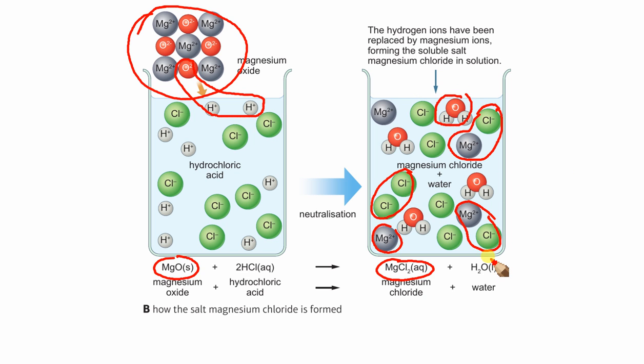And of course, this is how water is formed. So that's the significance of this chemical reaction. Yes, we're learning how to name our salt, but we're recognizing that the base is able to mop up all those hydrogen ions in the acid and to neutralize those hydrogen ions because they're now forming water.